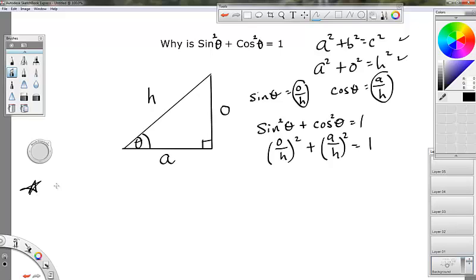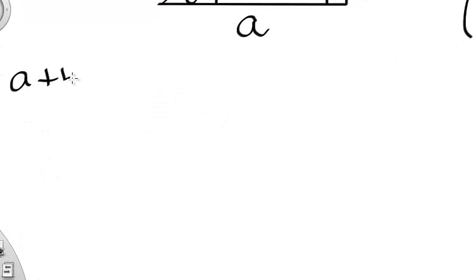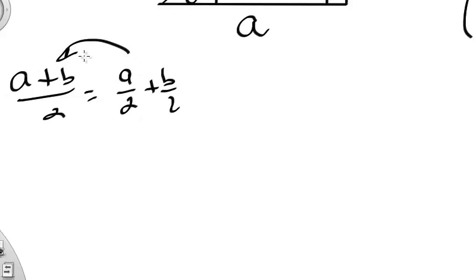Back in your Algebra 2 days, you probably learned that if you have something like a plus b over 2, that in fact equals a over 2 plus b over 2. Okay, that's just how that is, and you can go back and forth from both of these. So that's kind of what I got.